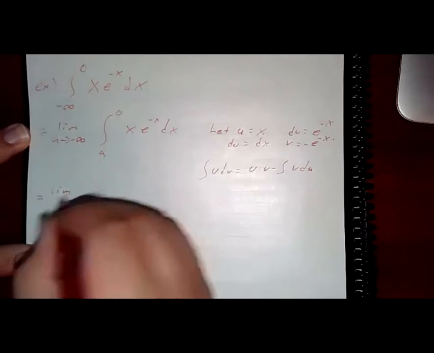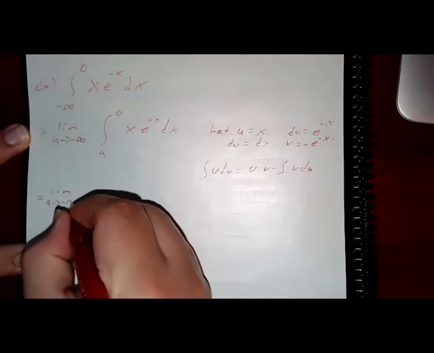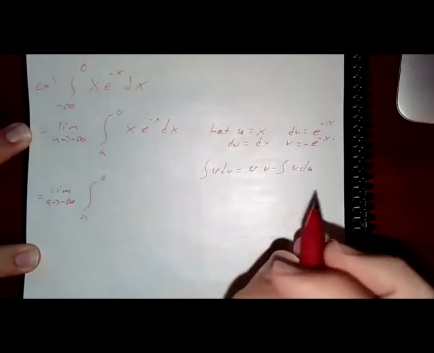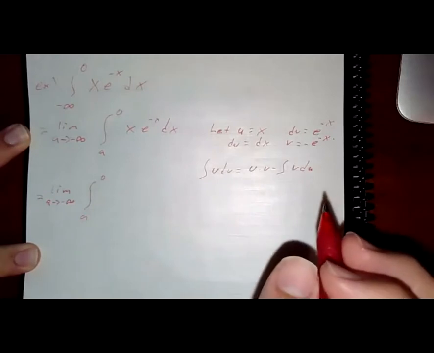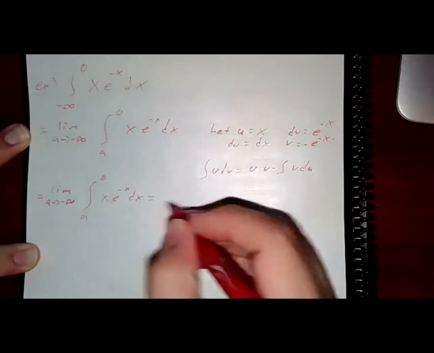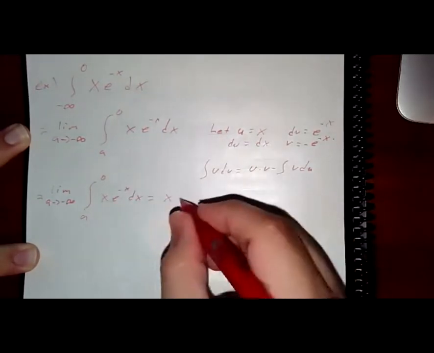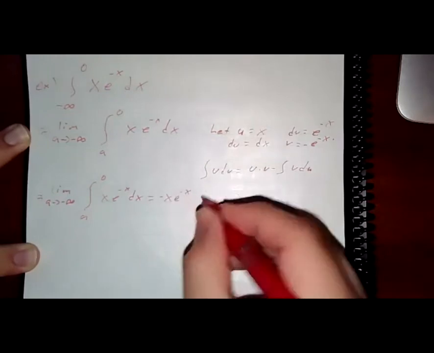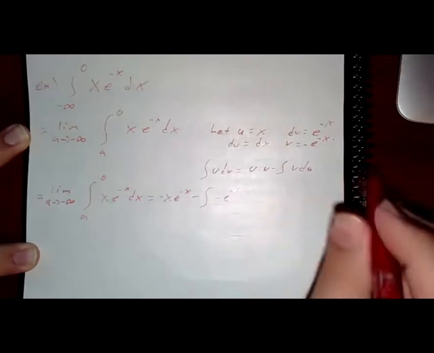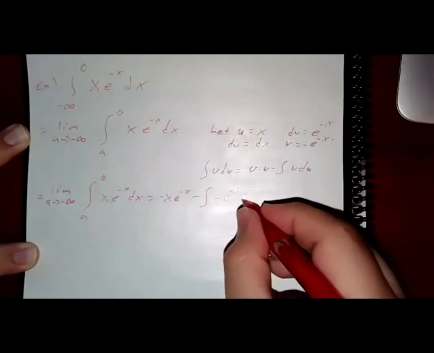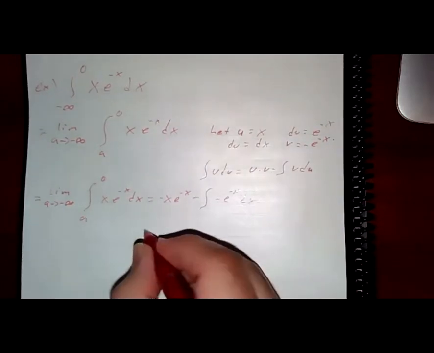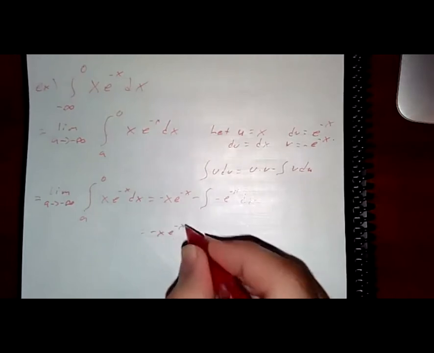So the limit as a approaches negative infinity of the integral from a to 0 of x times e to the negative x is equal to x times negative e to the negative x, minus the integral of v du. So that will be negative x e to the negative x.